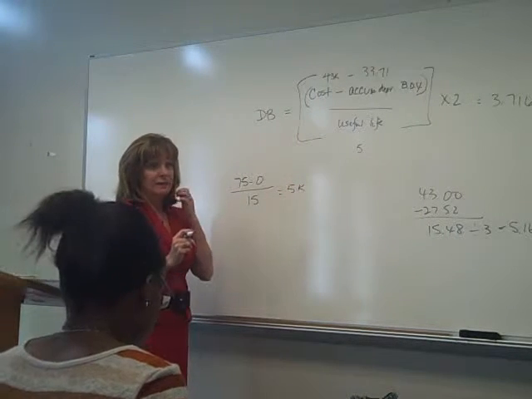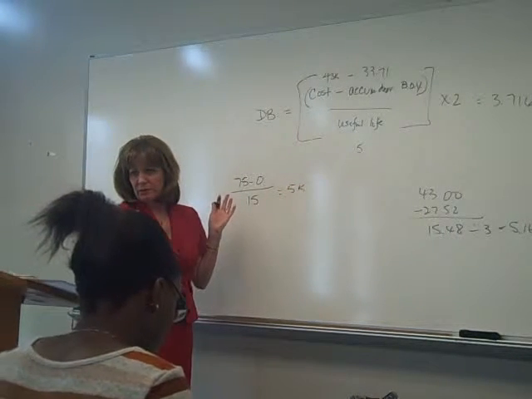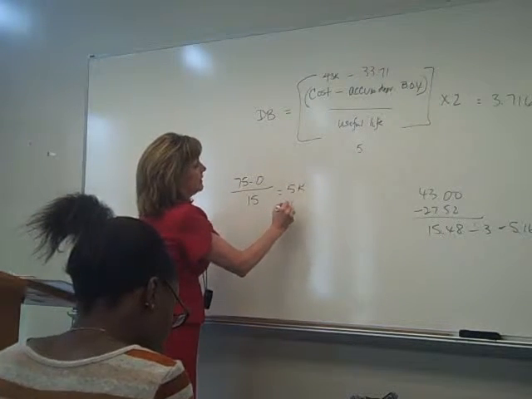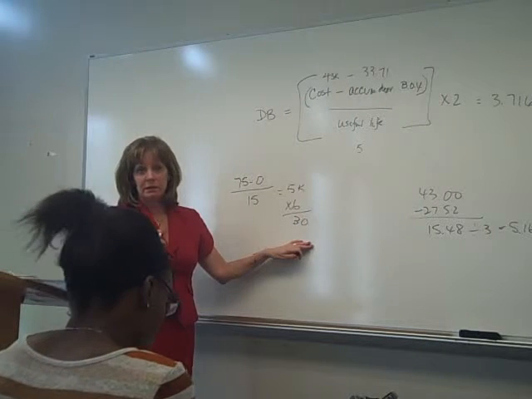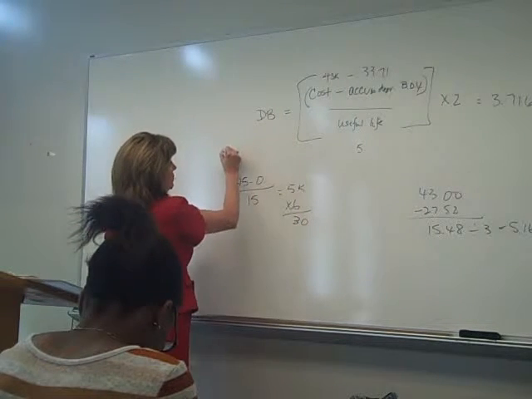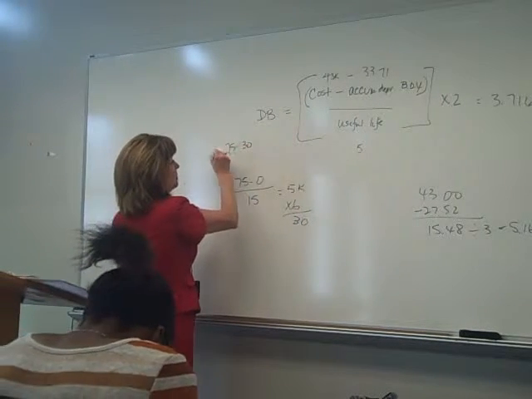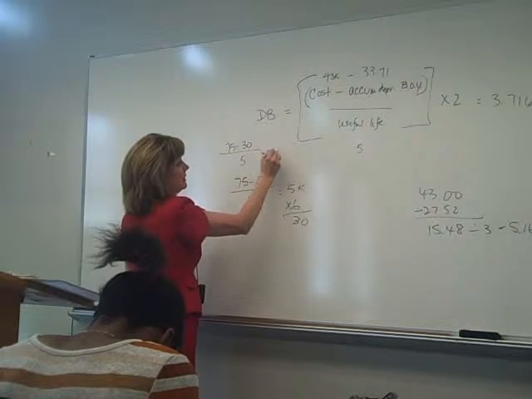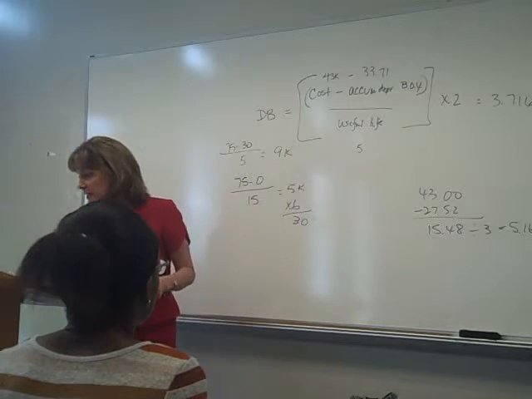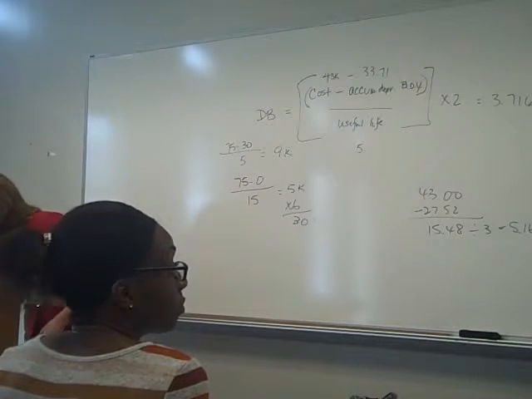With me? All right. Okay, and you would do that for 6 years. So accumulated would be 30. 75 minus 30 is our remaining depreciable base for 5 more years.